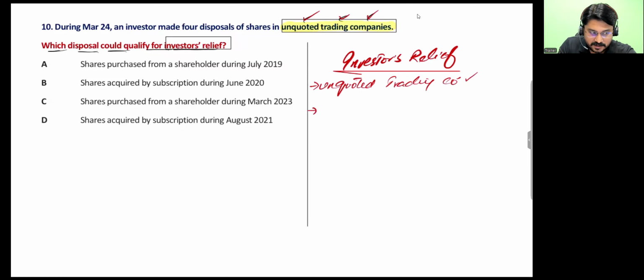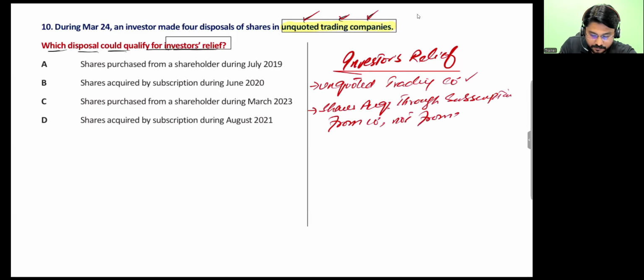The other condition is that the shares must be acquired through subscription from the company, not from any shareholder. If we follow this statement, two options are filtered out.